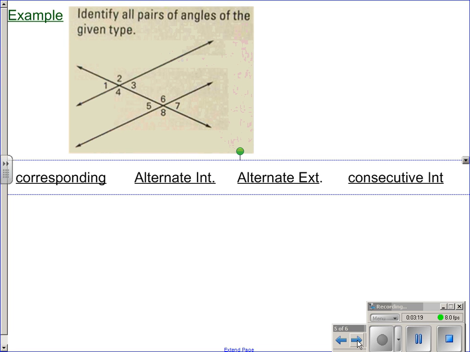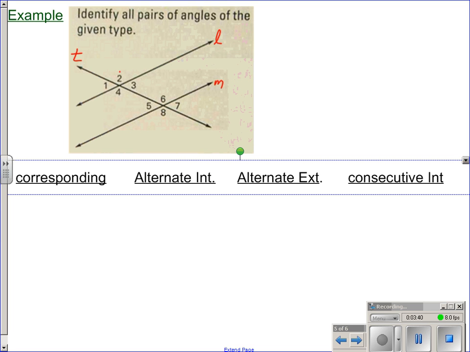So let's do that. In this picture, you have two lines. We'll call them L and M, and you have your transversal that is intersecting those two lines. So, corresponding angles. Remember, that's they're in the same position.